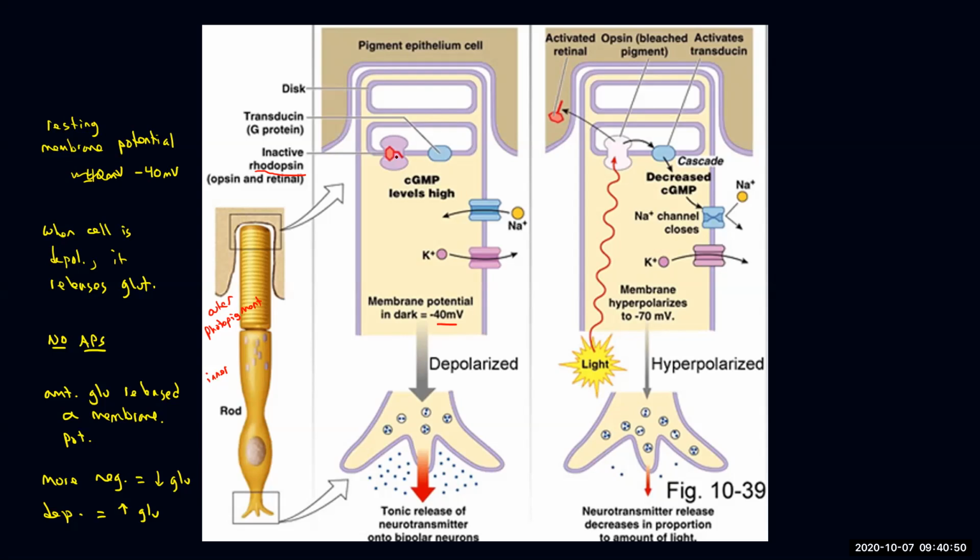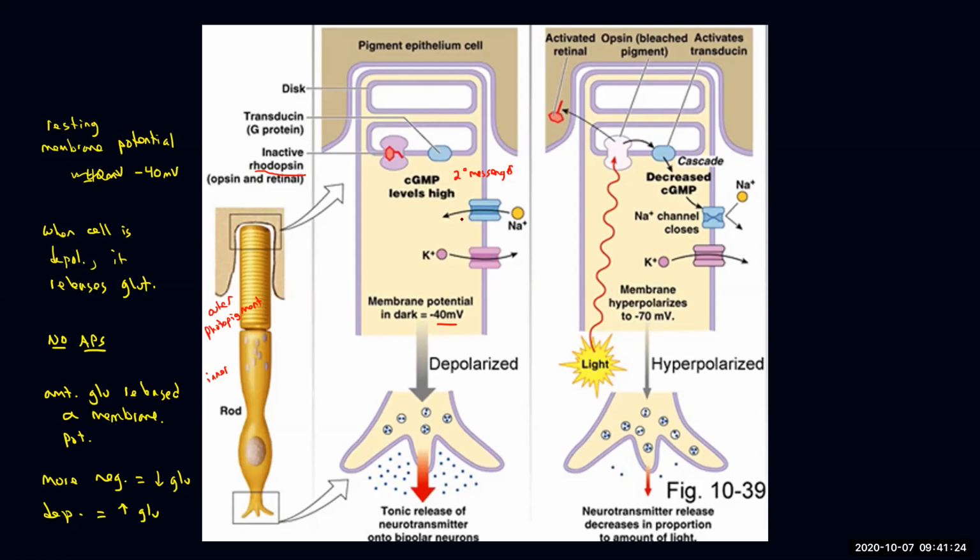Okay, without light, these G proteins are inactive. They're not doing anything. Normally in the photoreceptor, second messenger levels are high. This cyclic GMP, this second messenger, is going to hold some channels open. And those channels are a sodium and a potassium channel.